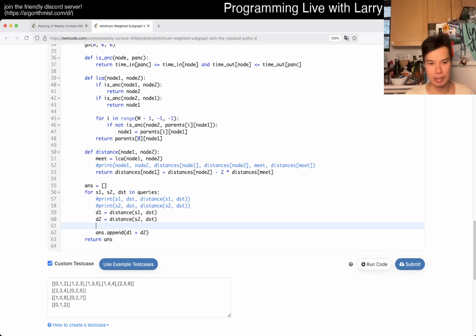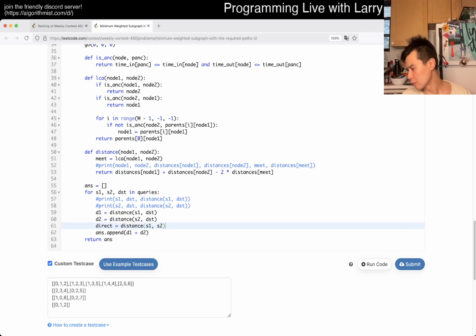Oh no! You did the math. Okay, so then 2 times the overlap is equal to the distance from S1 to S2. No, this is not overlap, but direct maybe.